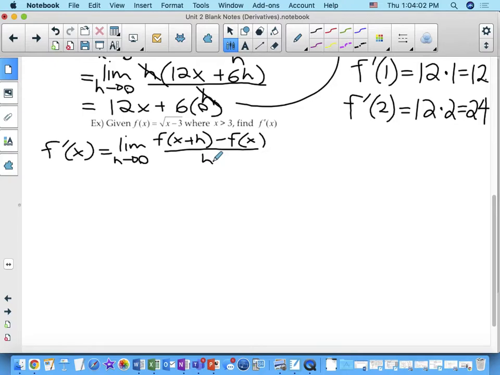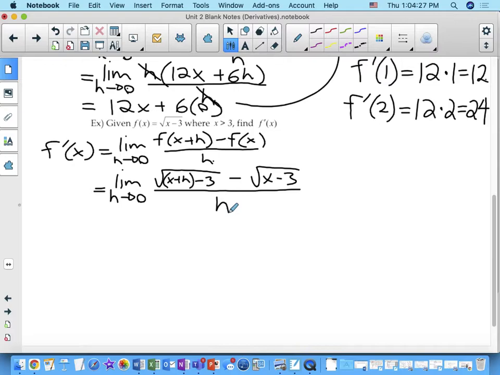Now we have to sub into our function, in this first piece, an x plus h for x. So it's going to be the square root of x plus h minus 3, minus the square root of x minus 3, over h. So what do you think would be a useful thing to do at this point?